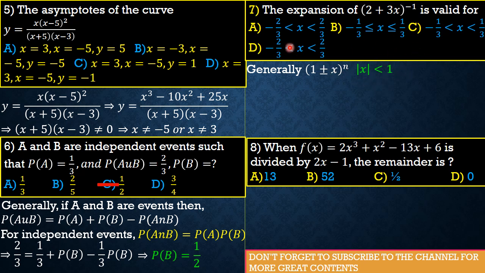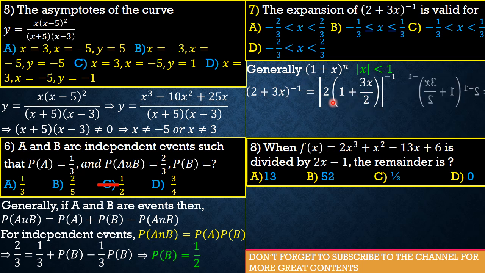Great. So, guys, this is our expression. That is, we have (2 + 3x) raised to the power -1. If we factor out a 2, we are going to have 2 into (1 + 3x/2). If we try to multiply everything out, we are going to have the same expression, right? Keep in mind that 2 is a constant, so we can simplify things to have 2 raised to the power -1 into (1 + 3x/2) raised to the power -1.